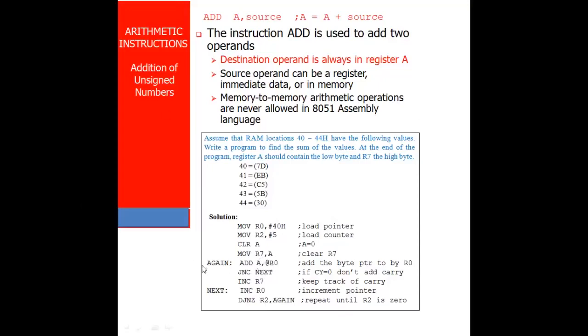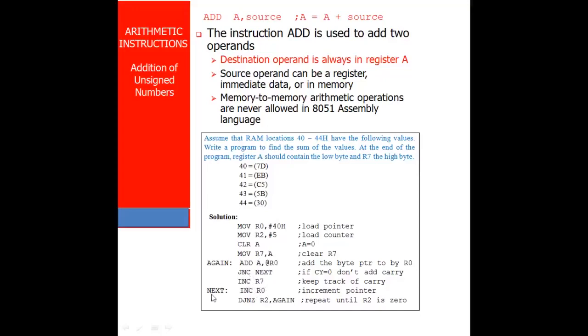Then it will repeat the process again. It will check whether it is generating a carry or not. Depending on the status of the carry, either it will jump to the next memory location, or it will execute the next instruction, that is increment R7.